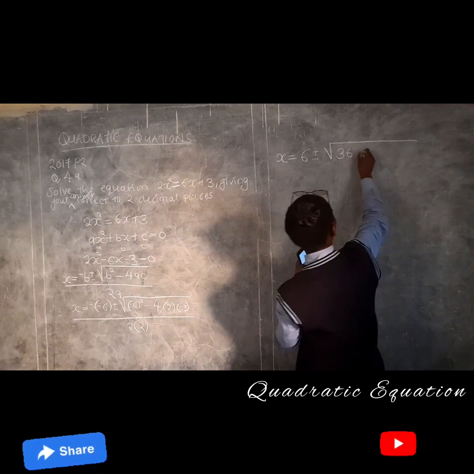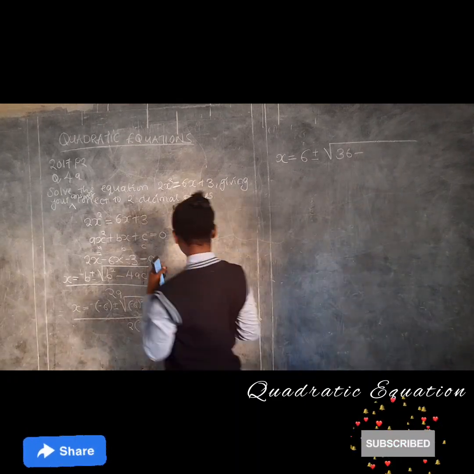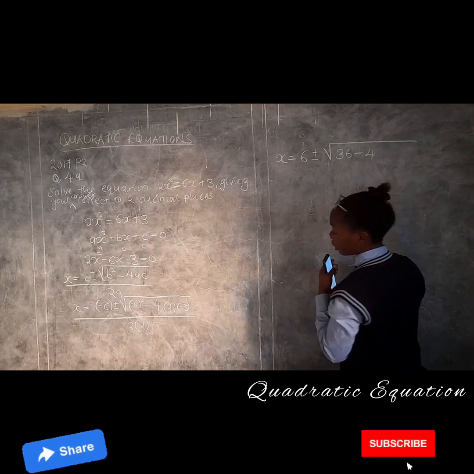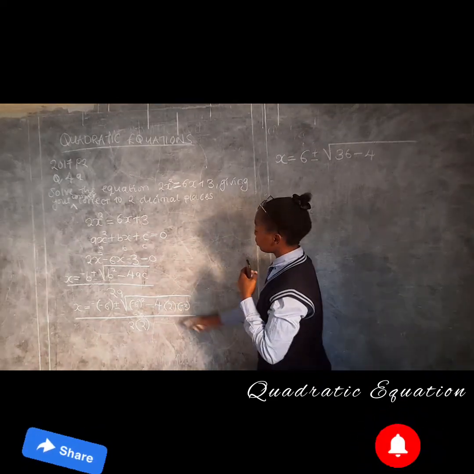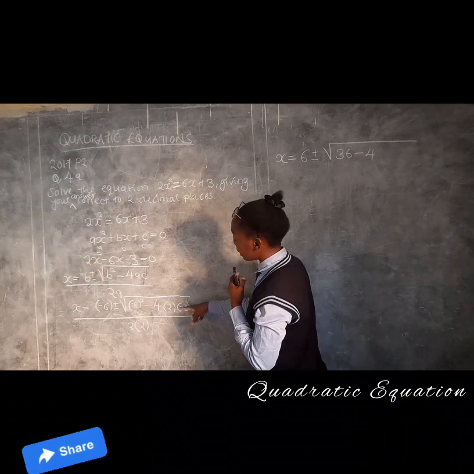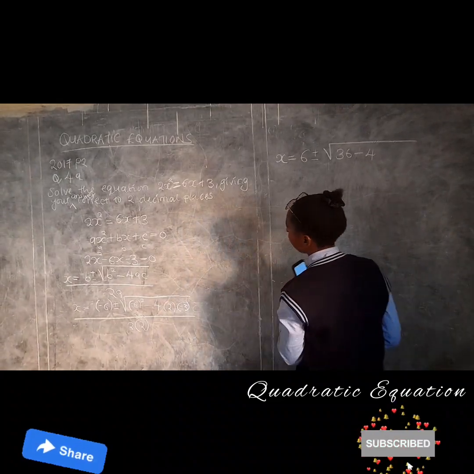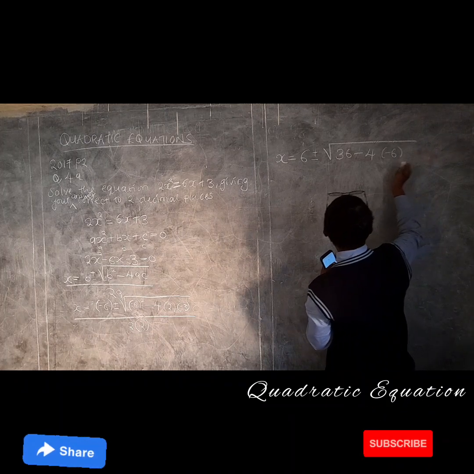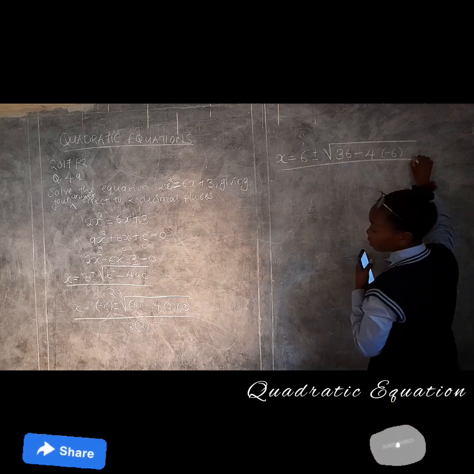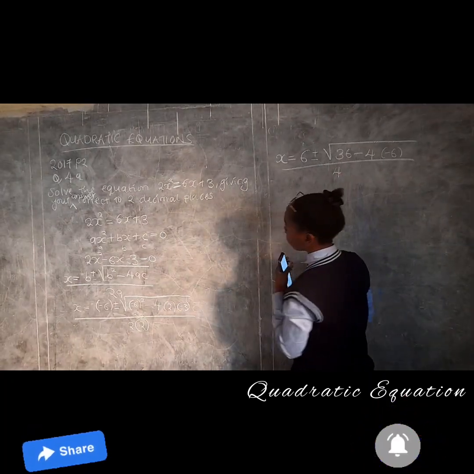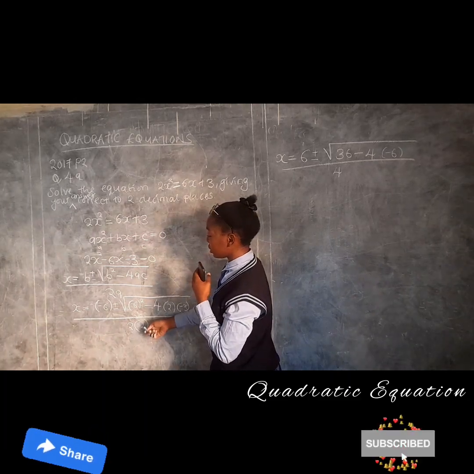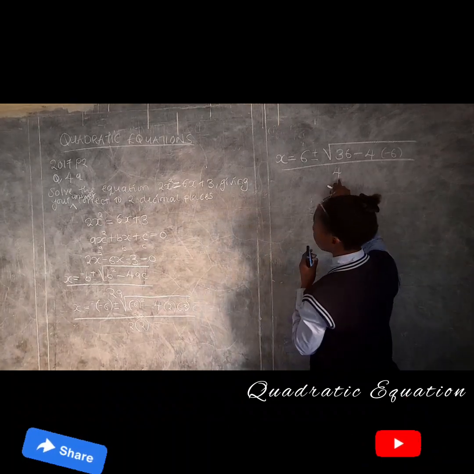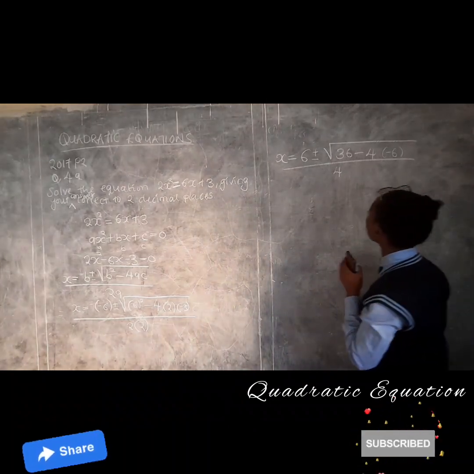Minus, we're going to write down our 4 here. Then 2 times negative 3 is going to give us negative 6, over 4. Because here we've got 2 open brackets 2, meaning we're supposed to multiply 2 times 2, which is giving us 4, the 4 that we've written down over here.